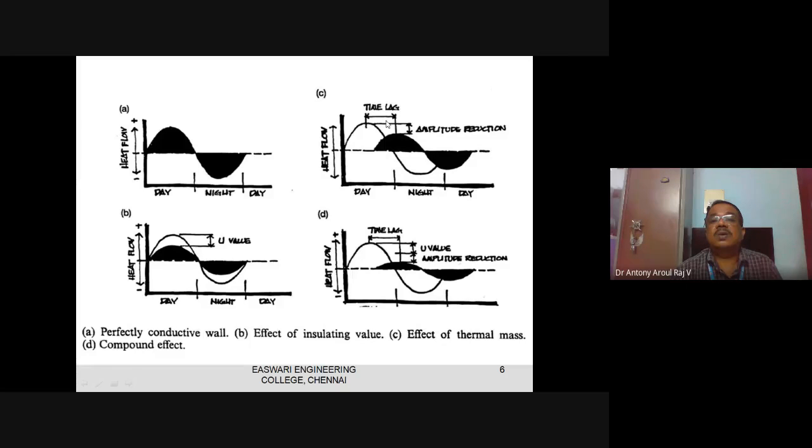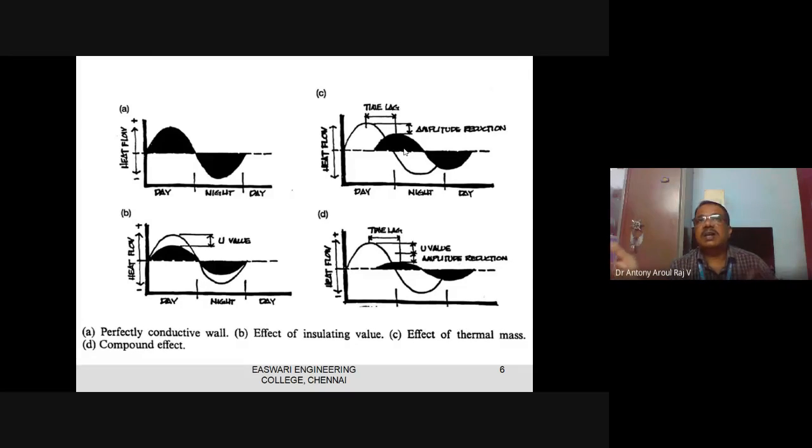See here, it is not only reducing the peak, it will also shift the peak. How will it do that, and will it reduce the peak or not? Because even a storage material has its thermal conductivity. For example, PCM is a storage material, but it has a lesser thermal conductivity. So what is the meaning? It will reduce the peak as well as shift it. So both are possible. Okay.